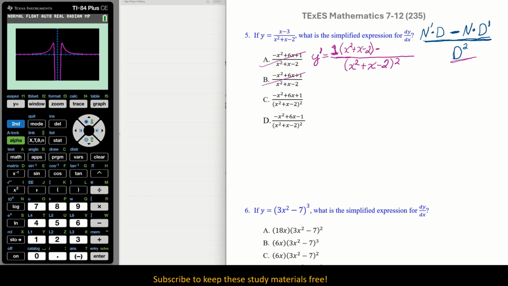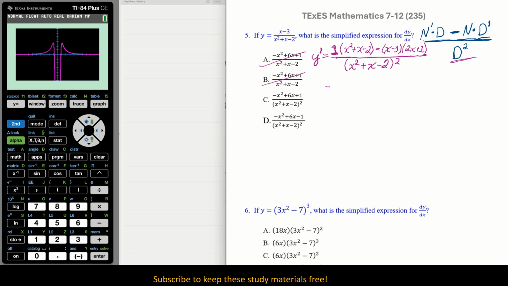And we will subtract. Now we need the numerator as is, so that will be x minus 3, all times the denominator prime, the first derivative. So that's 2x plus 1.